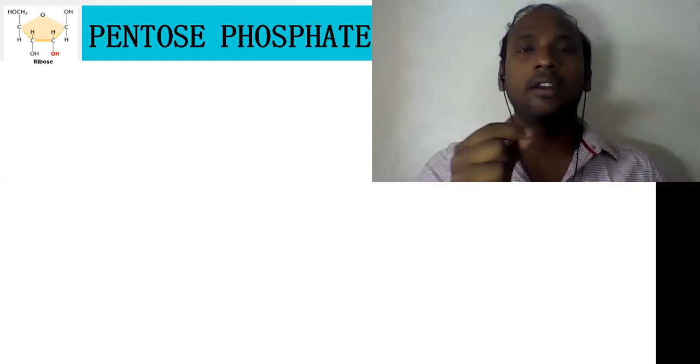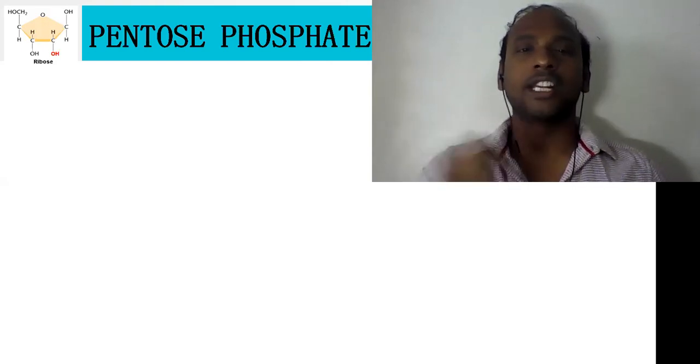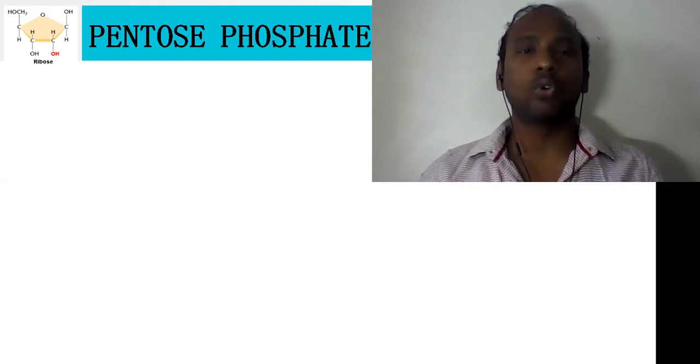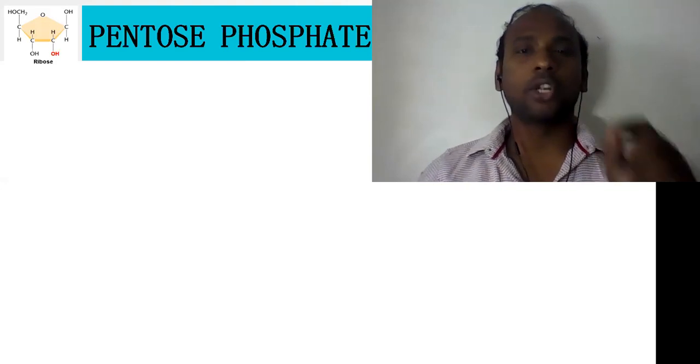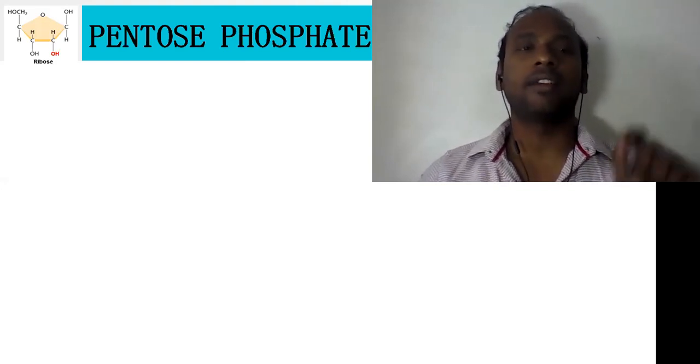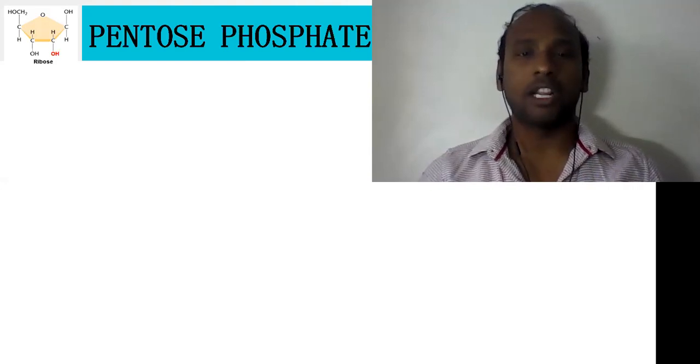That is one way of the oxidation of glucose, and there is another way, the oxidation of the same glucose. This other pathway we call the pentose phosphate pathway.